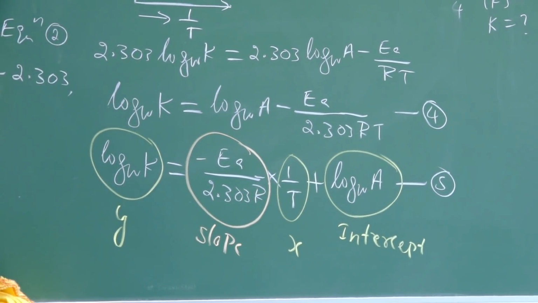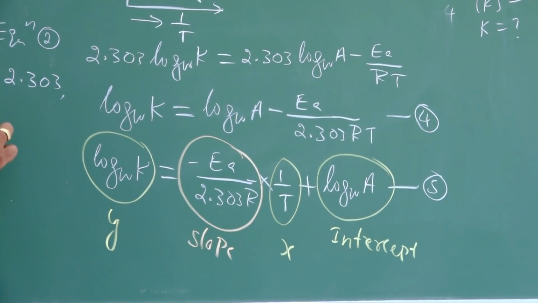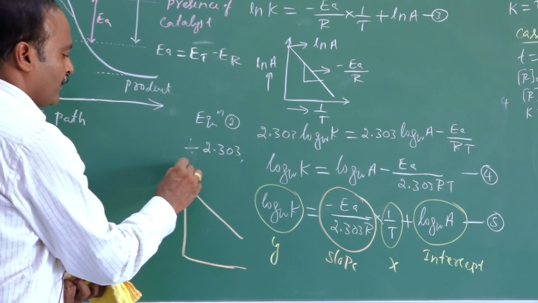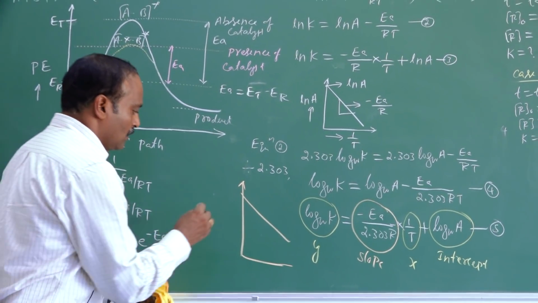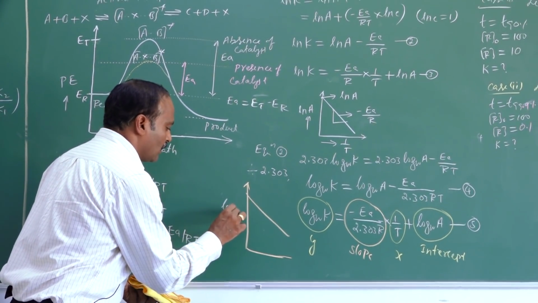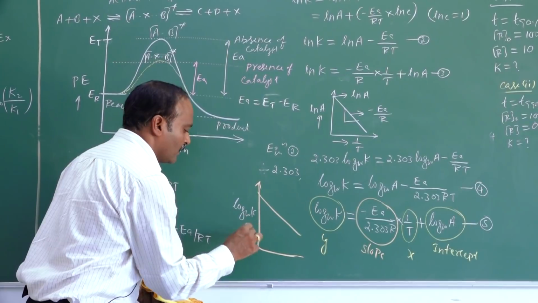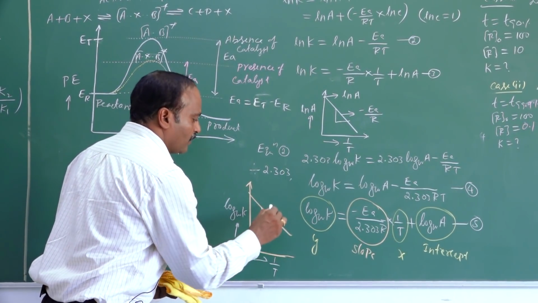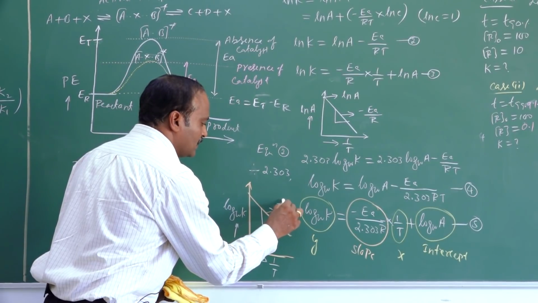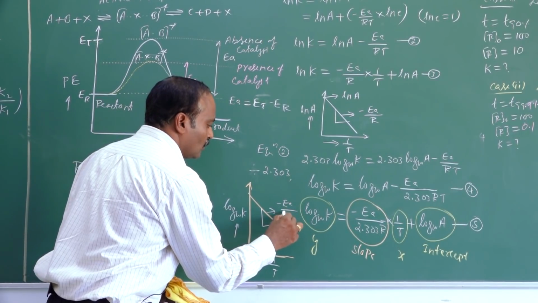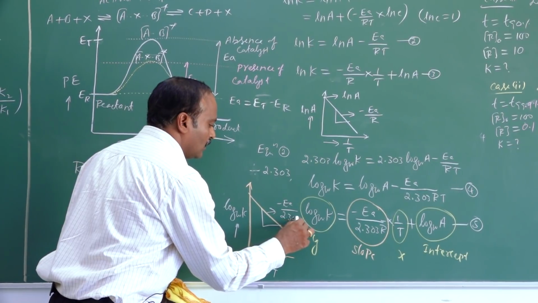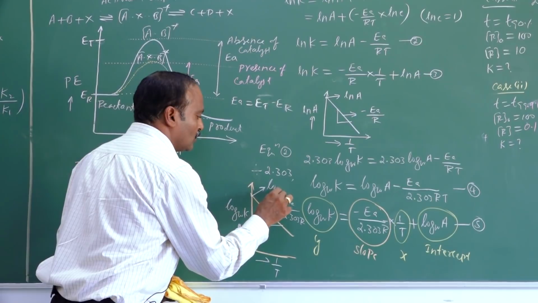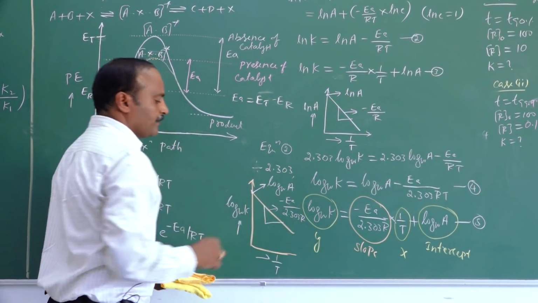We get a negative slope. Clear? The intercept is equal to log base 10 A.